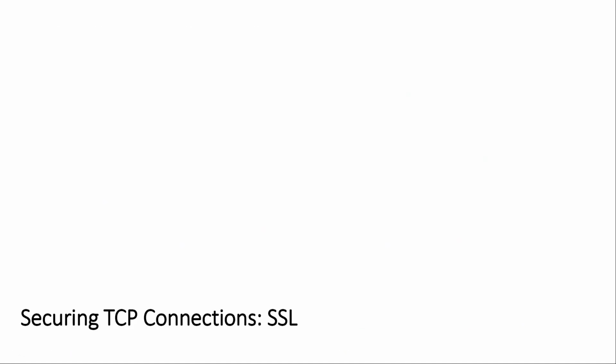So these are just for the reminder for the TCP and UDP protocols. But we already talked about that both of the methods do not provide any security, because all of the data is sent as plain text. There is no encryption involved.